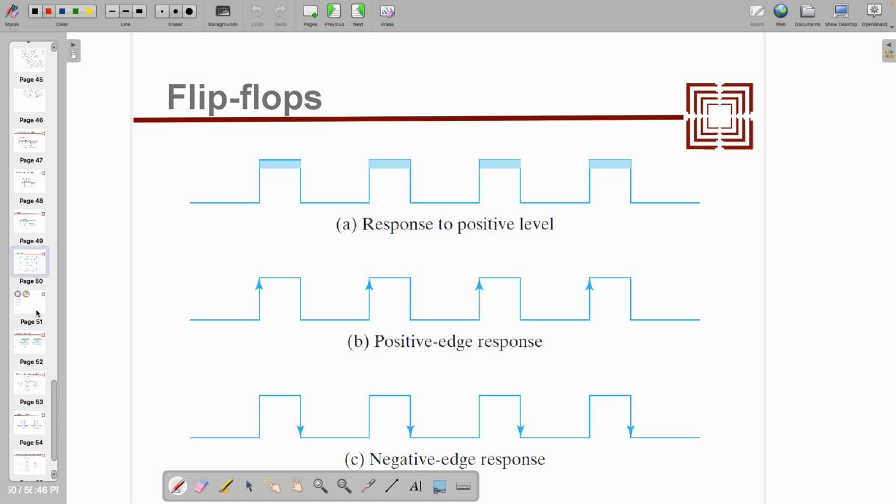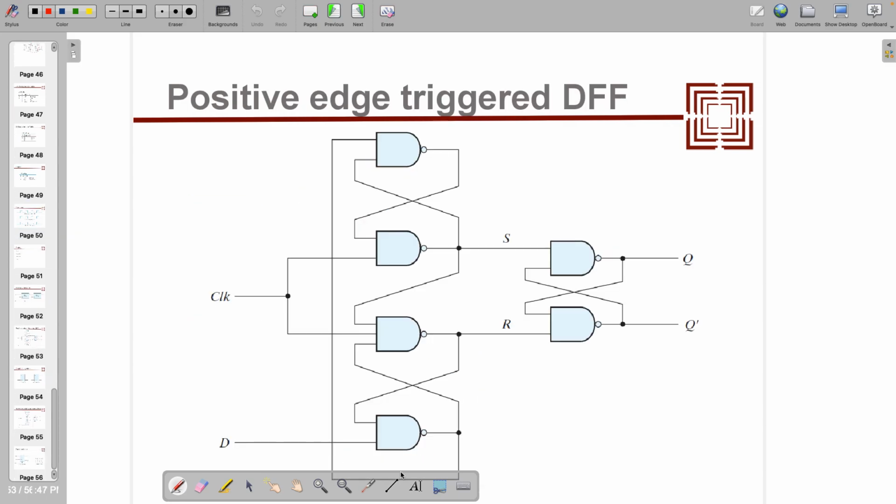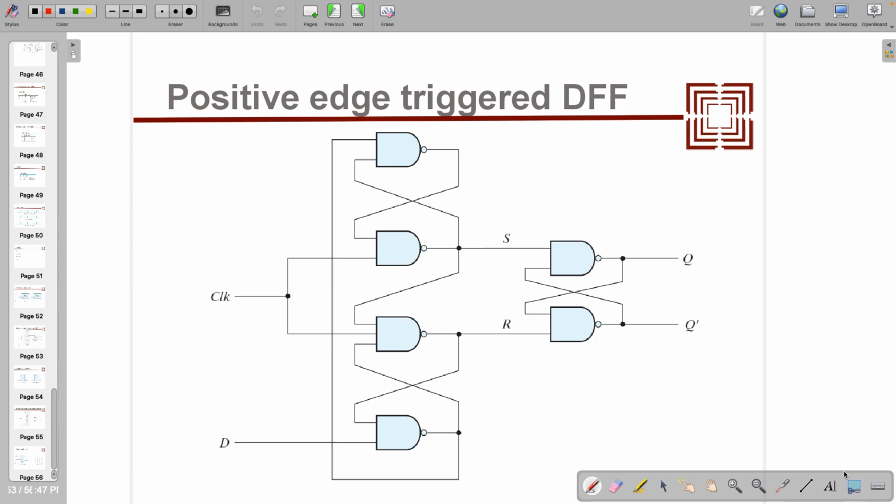But now the important part which we need to understand before going into anything is actually the flip flop. As I told you, all the flip flops are derived from the D flip flop only. So if you understand the D flip flop, then the other flip flops can be derived from that. That's why we are studying only the D flip flop. In the books also, they only have the D flip flop.